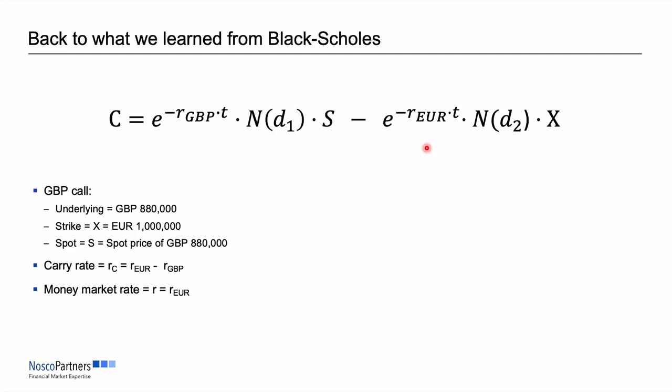So let's do that. If I think of positions, then this would be our option, the C. What would be S? S would be the spot price of the £880,000, but I can express this in pounds or euros. If I express it in pounds, it's just £880,000. The X is just 1 million euros.